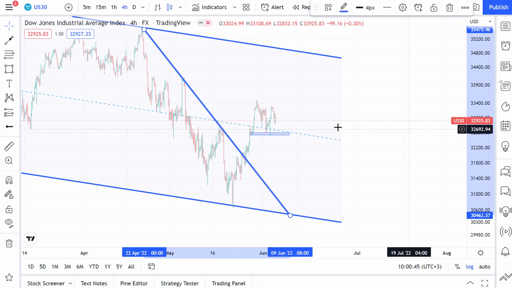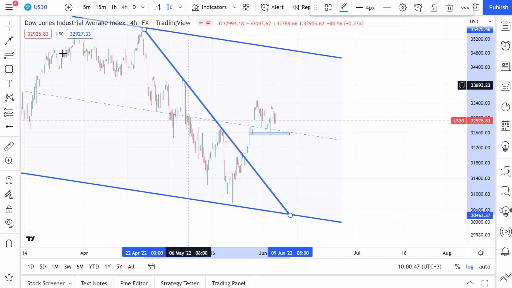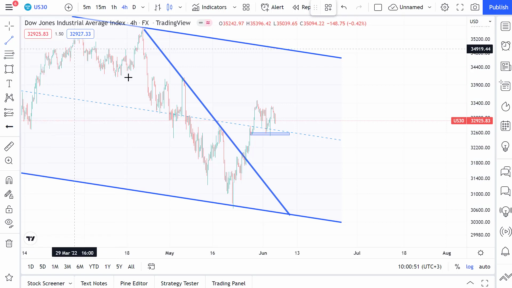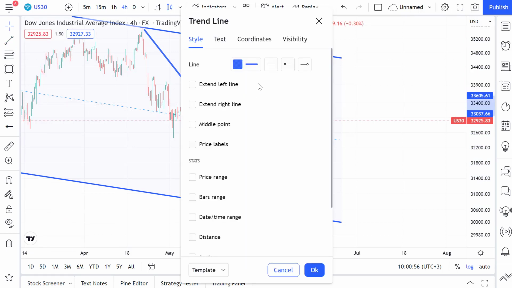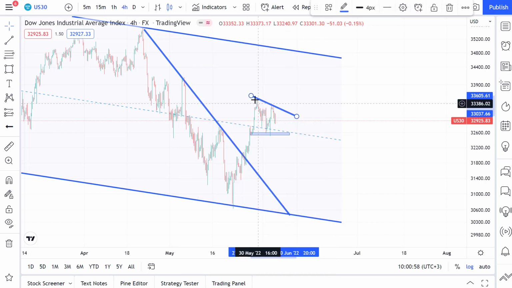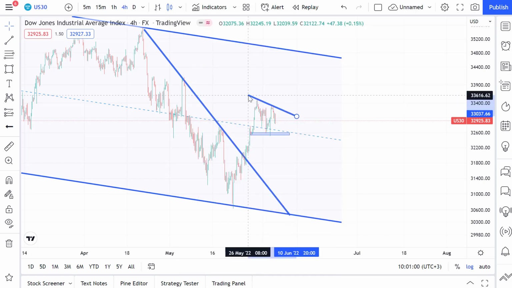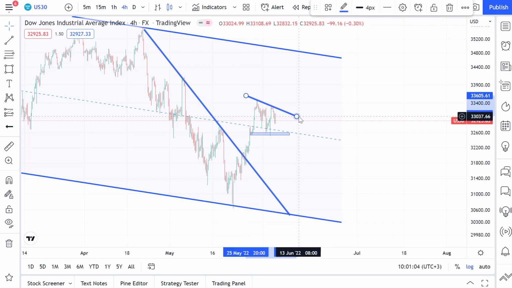And whenever there is a touch of this zone or this line, we have reactions. And if we can have a breakout of this line I have drawn for you, we could see the next targets, and it's going to see the top line of the channel.